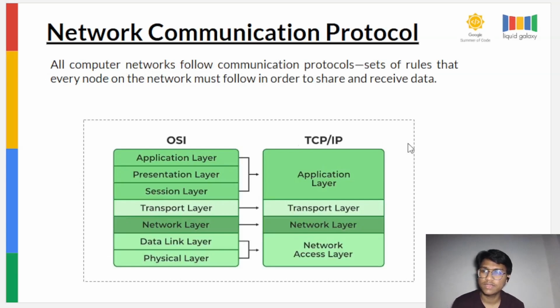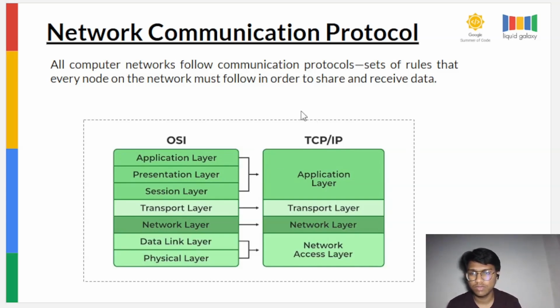So the next thing is network communication protocol. To communicate or to transfer the data, there is a set of rules that every node on the network must follow in order to share and receive the data. There are two types of these communication protocols mainly. Many modern networks run on TCP/IP models, which include four network layers.